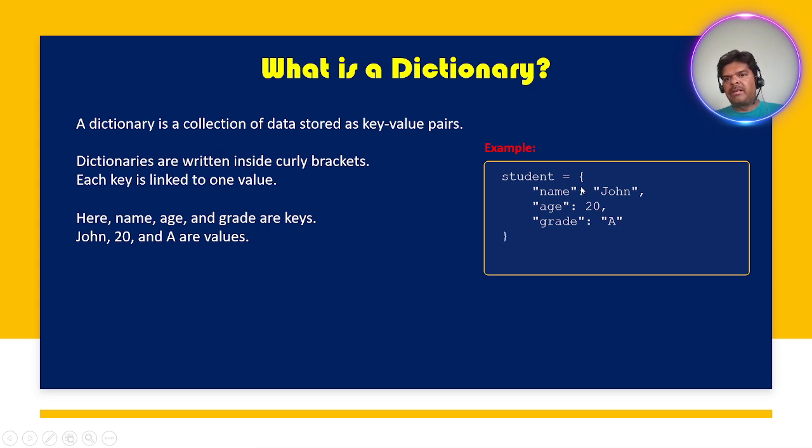Same like I said, the dictionary value is going to be inside the curly braces. But here values are going to be key value pairs. Name is representing your name value, age. So on the left side, these are all called keys. The right side, these are all called values.